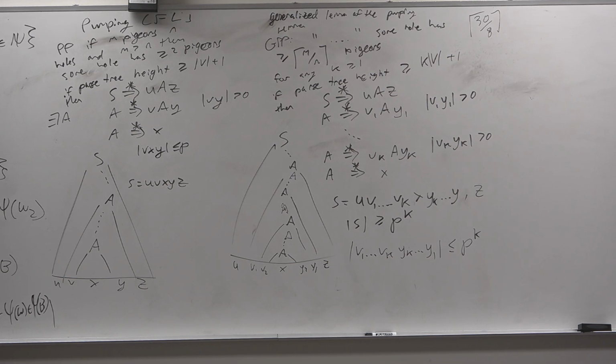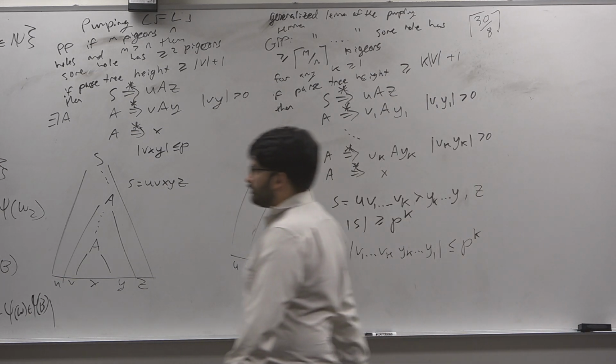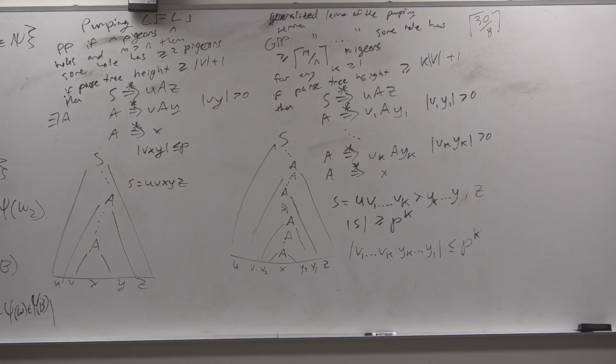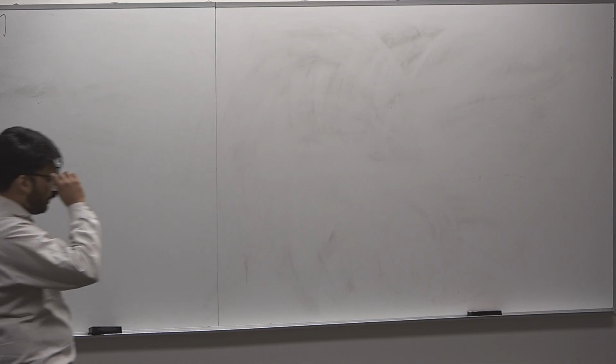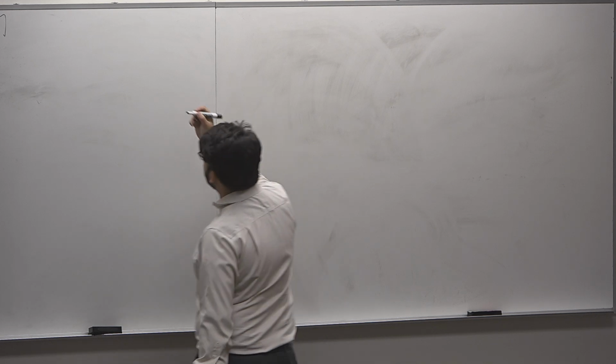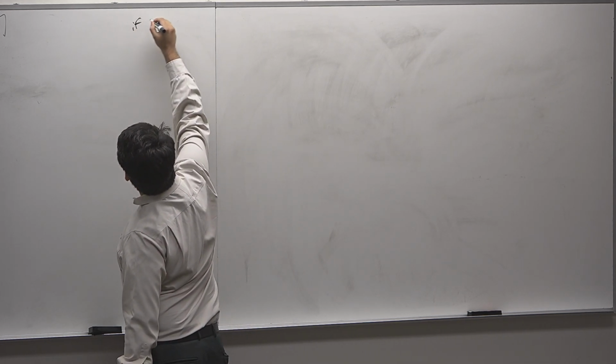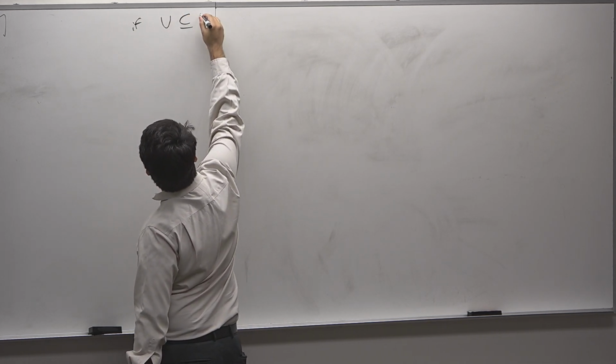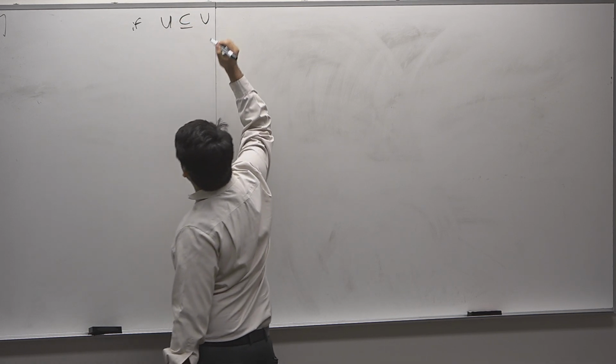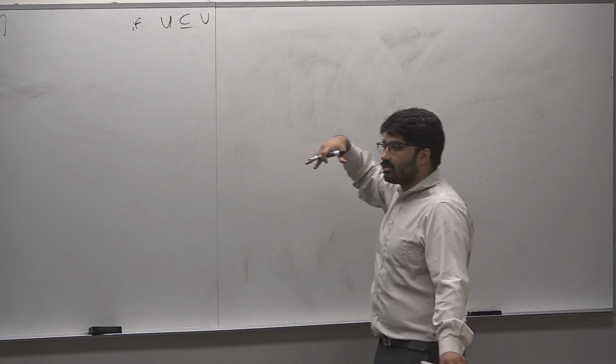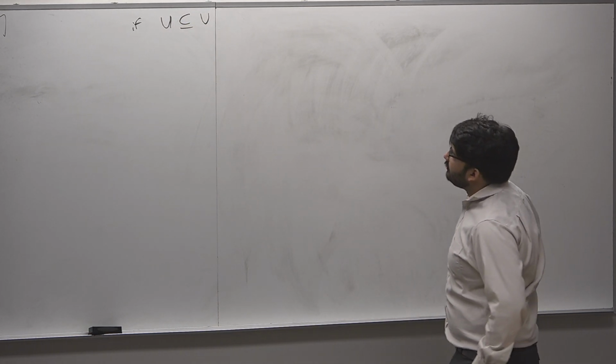Okay, we need a second detail before we can get into the proof. The second detail is that we need to force certain non-terminals to be used. So if U is a set of non-terminals, and the non-terminals again are the capitals, let's say you have some set of them.